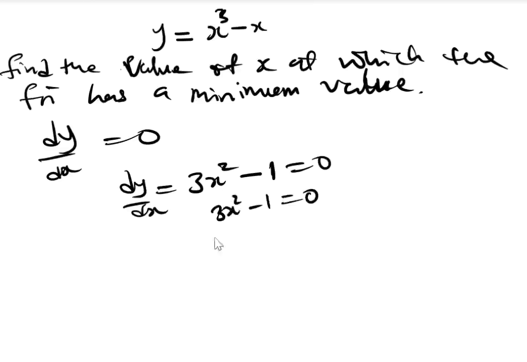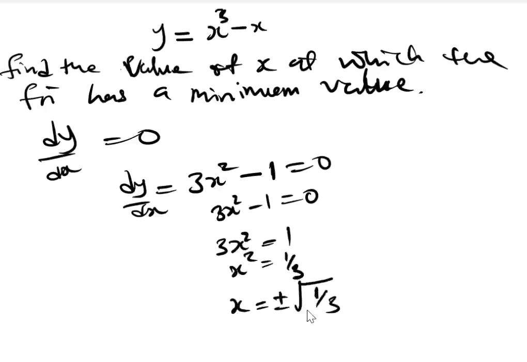And solving for x squared, 3x squared is equal to 1, and x squared is equal to 1 divided by 3. x is plus or minus square root of 1 divided by 3. This implies that x can take the value of plus square root of 1 divided by 3 or minus square root of 1 divided by 3.